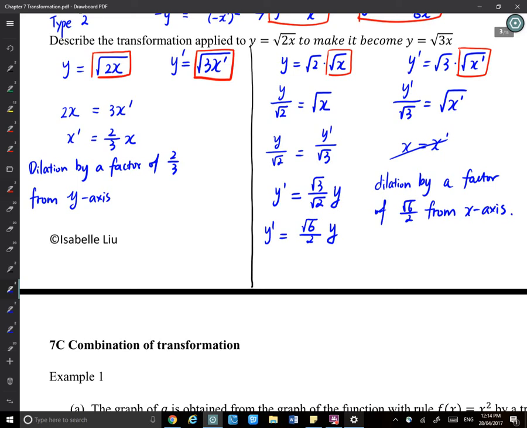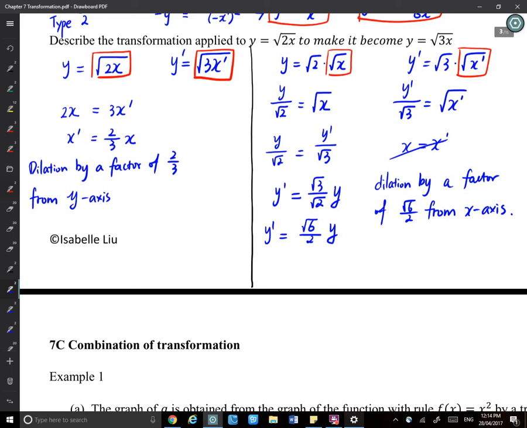What this question actually shows us is, if I can dilate something from the y-axis, I can also dilate this graph from the x-axis by a different factor. If you can stretch this direction, I can also stretch in this direction by different factors.